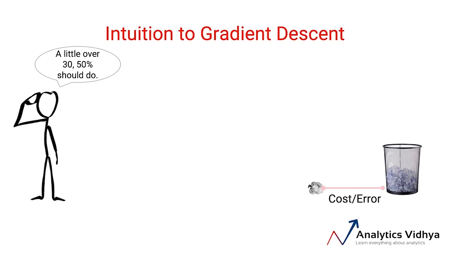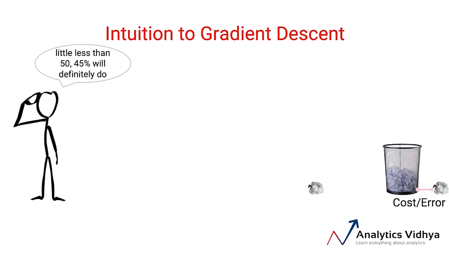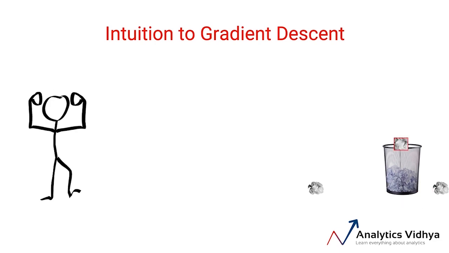And instead of 30%, you think that maybe you can use 50%, and you throw the ball with higher strength this time. And let's say that it actually crosses over. So you have missed the basket this time. So you now adjust your strength back, but not all the way down to 30%, because you know that 30% doesn't help you reach the basket. So you make some correction and maybe throw it with 45%, and you end up actually throwing the ball into the basket.